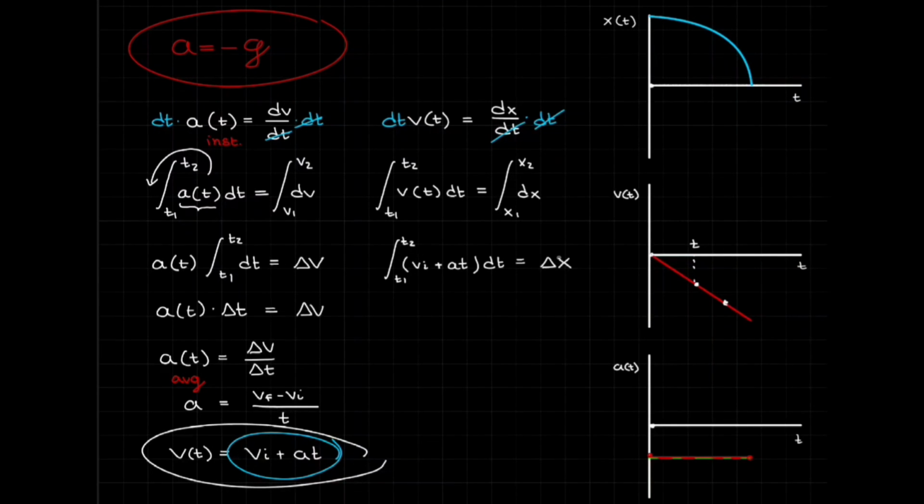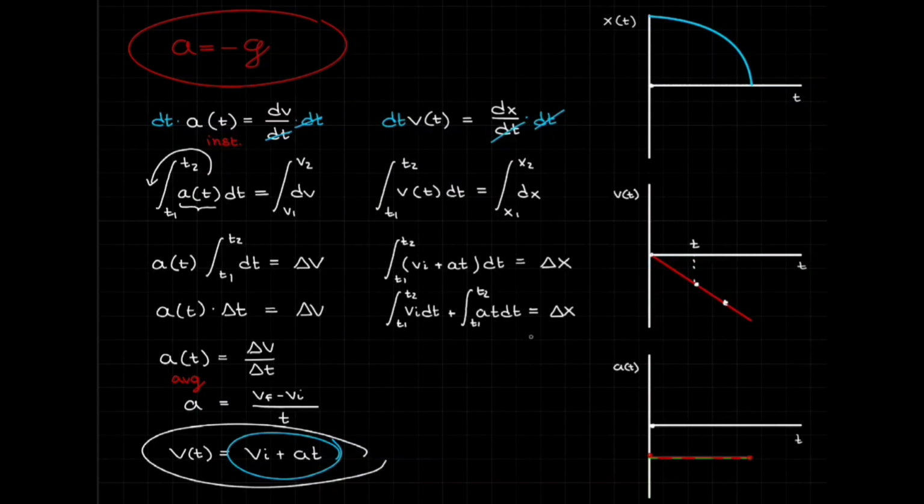So dx turns to delta x, right? So that's what we have so far. We can actually separate this integral. So what we can do is the integral from t1 to t2 of initial velocity with respect to time plus the integral from t1 to t2 of at dt is equal to delta x.